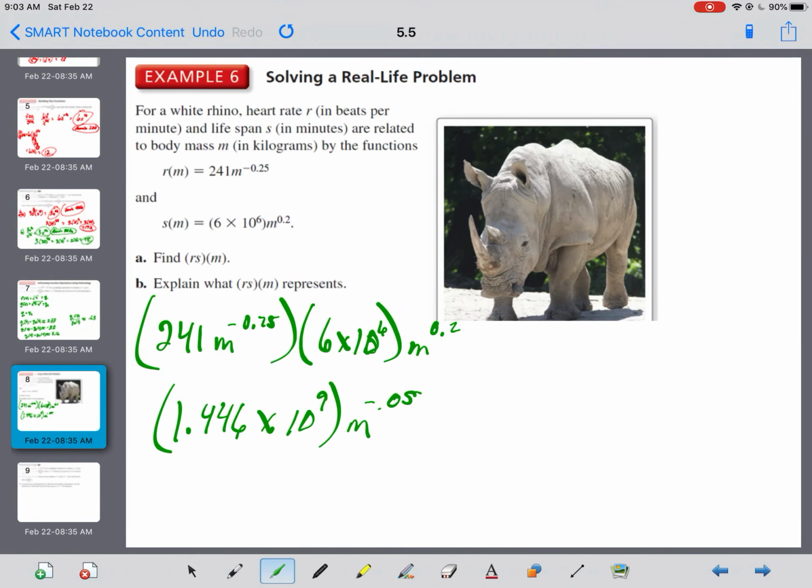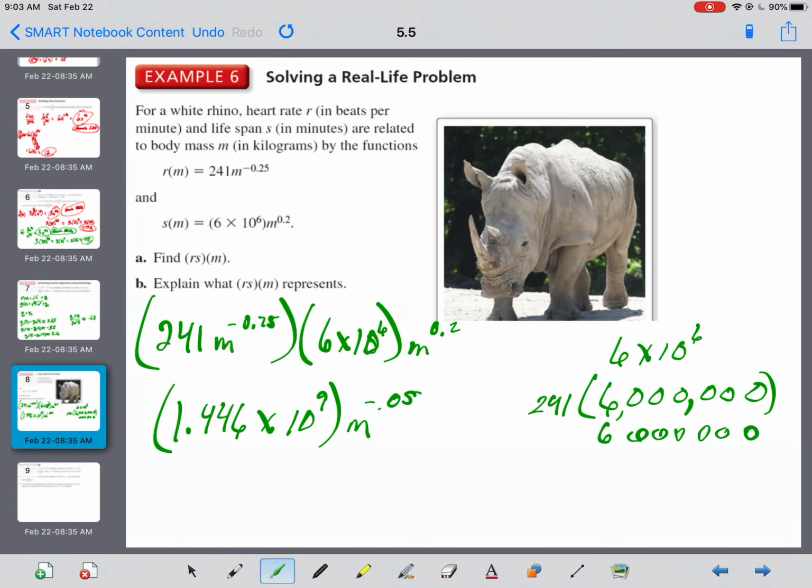I multiplied the 241 times the 6 times 10 to the 6. 6 times 10 to the 6th means a 6 with 1, 2, 3, 4, 5, 6 zeros after it. We ended up getting, when we multiplied that times 241, 1,446 followed by zeros.